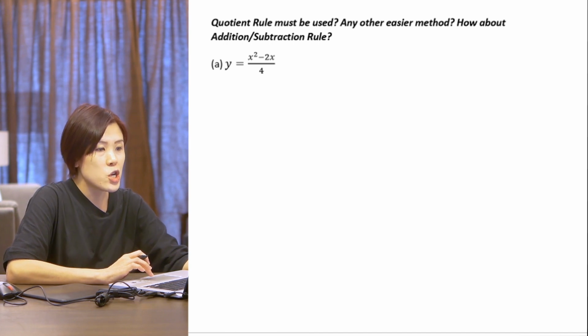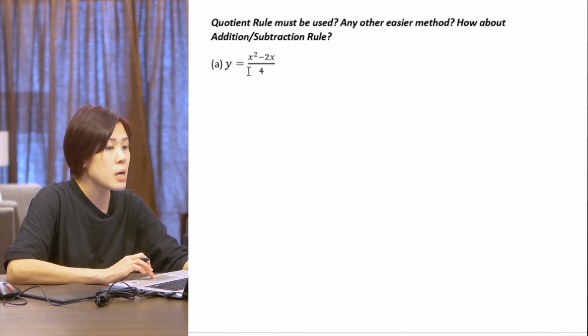Okay, in this equation, we have an algebraic fraction where you can see a constant term as its denominator.